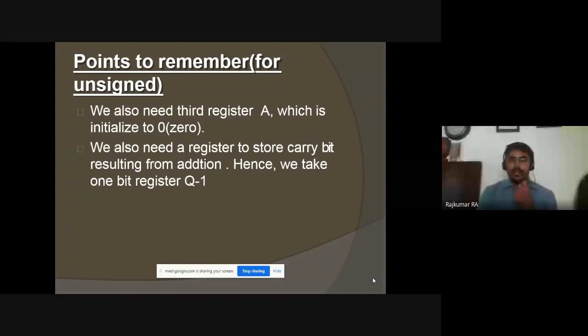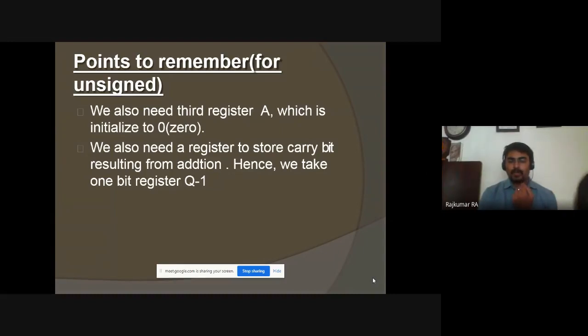And we also have a third register, that's called A, the accumulator. Normally the accumulator's initial value is 0, and we have to assign one more value, Q minus 1. We will see how the carry bit is added with the M and Q in the table, and you will know how to assign the value of Q minus 1.